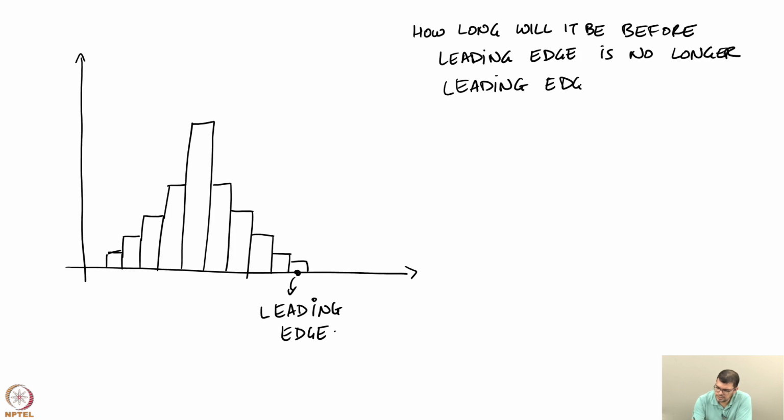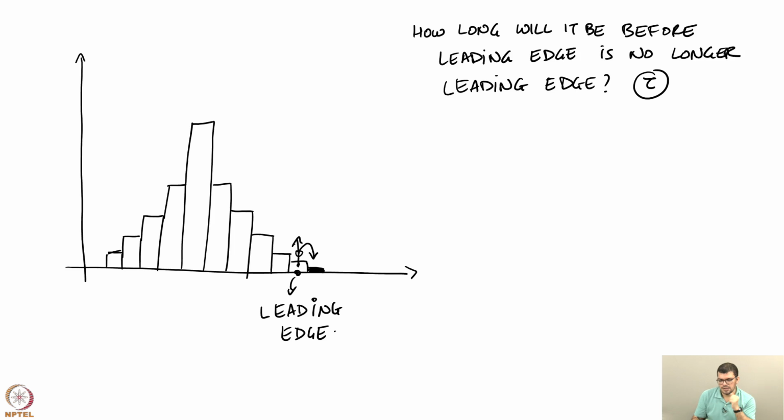And the answer to this is in one sense simple, because we have said that the travelling wave moves 1 unit to the right every tau time. So, leading edge will no longer be the leading edge after tau time, because in tau time it will pick up one beneficial mutation which is able to survive drift and get established in the population, and hence the current leading edge will no longer be the leading edge after tau time.